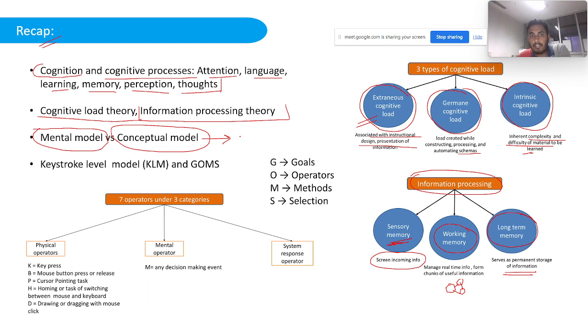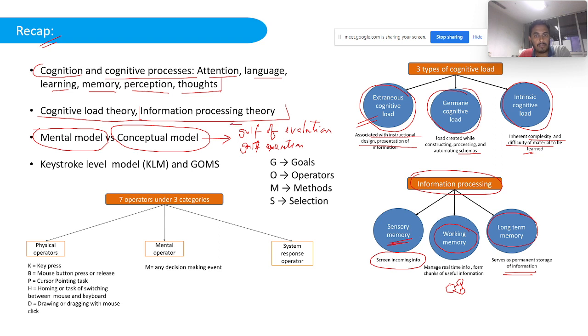there exist the gulf of execution and the gulf of evaluation. Gulf of evaluation means a user is finding difficulty in understanding and processing the information that the designer has provided in a design. Gulf of execution is that a user is finding difficulty in actually identifying the features to execute any particular task.